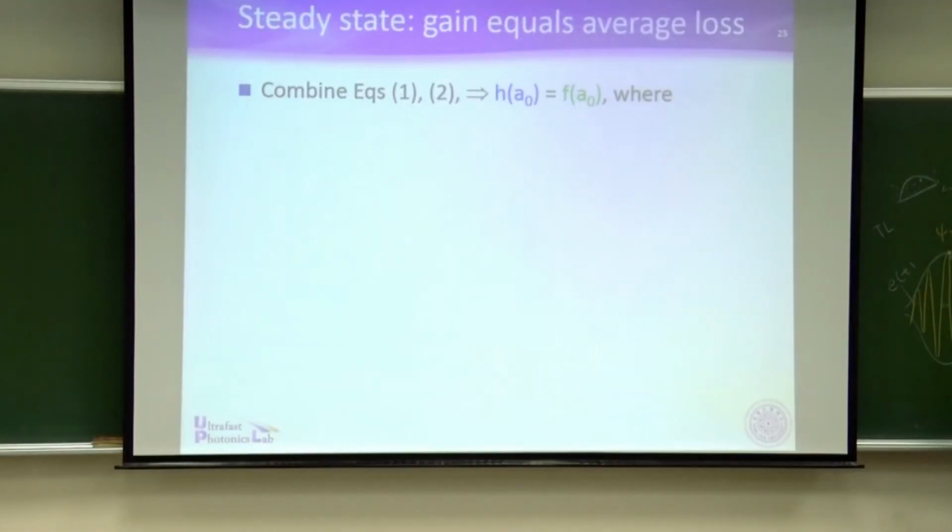Okay, this could be a very important page in this lesson. Steady state: gain equals average loss. That's the conclusion. But let's see why that is. If you combine equations 1 and 2, you will arrive at a nonlinear equation for the unknown A0. Roughly speaking, it's h of A0, a function of A0, equals f of A0, another function of A0.